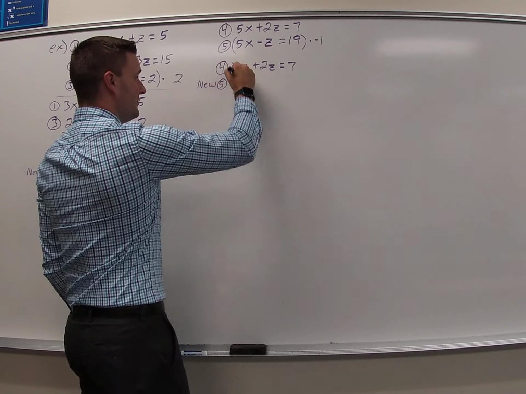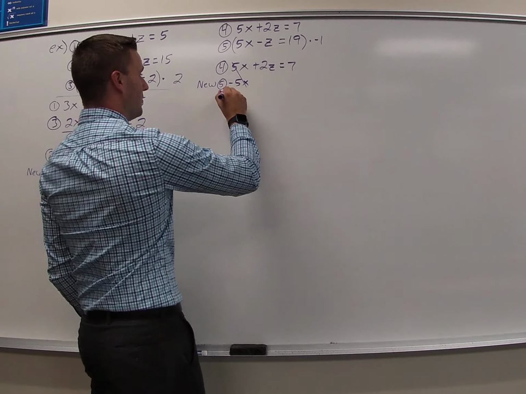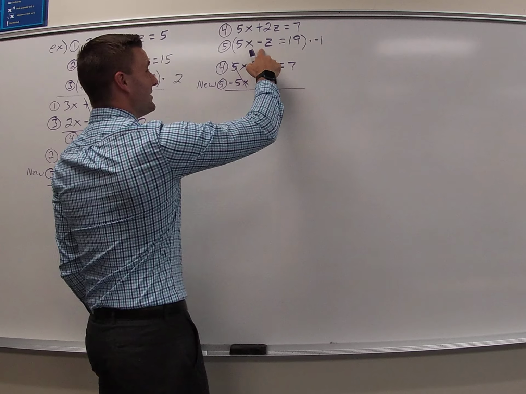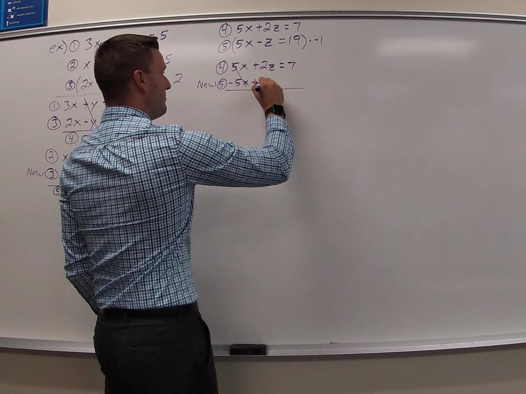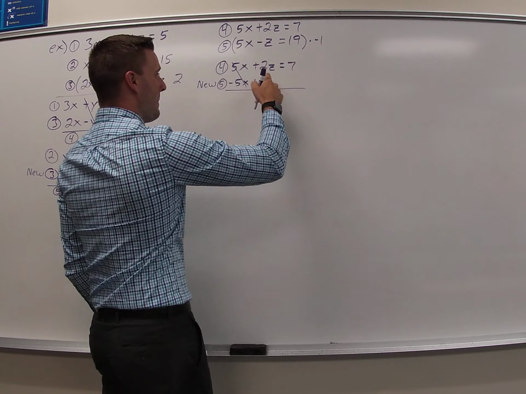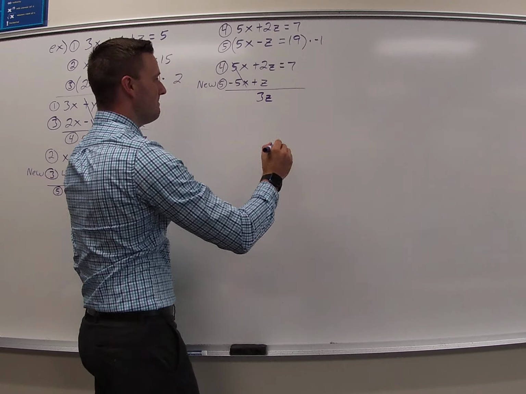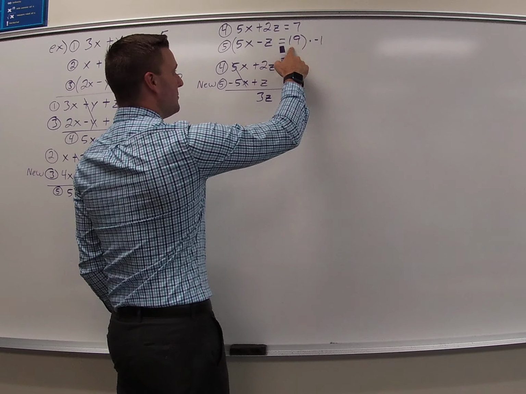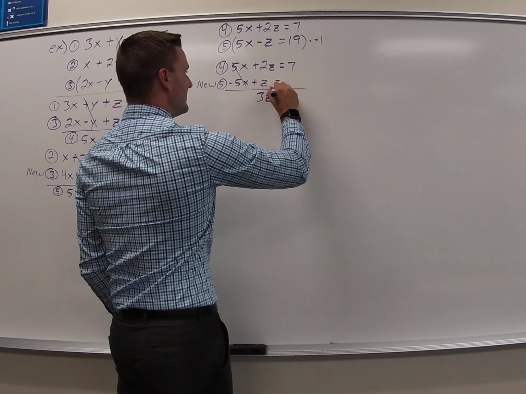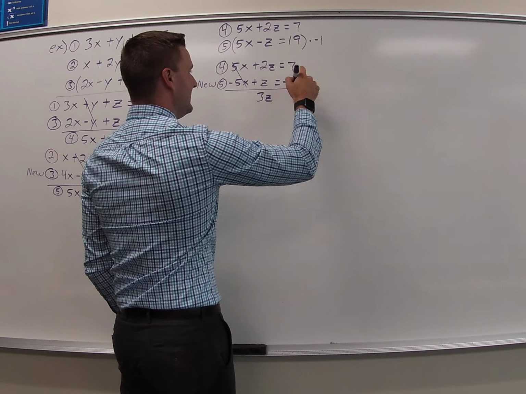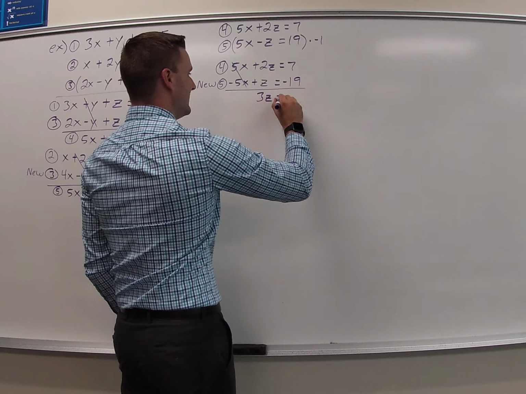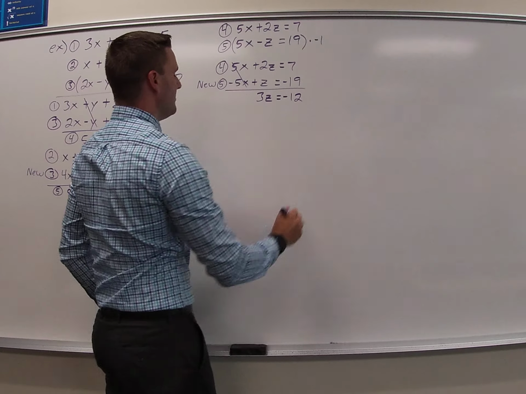And again, our goal was to get rid of that. So we reached our goal. -1 times a -z, be careful there because that's a positive 1z. And when I add those down, I get a positive 3z. And then equals 19 times -1, so this is going to be a -19. And 7 minus that 19 gives me a -12.